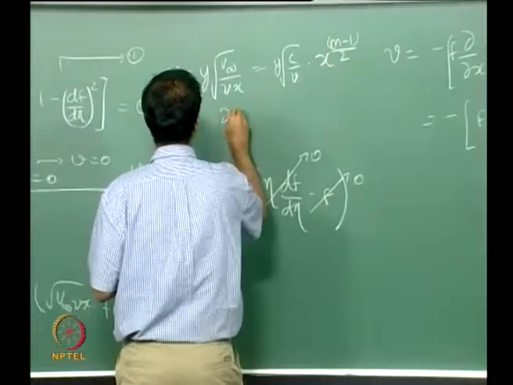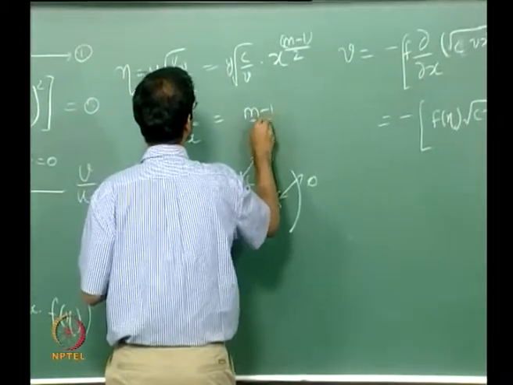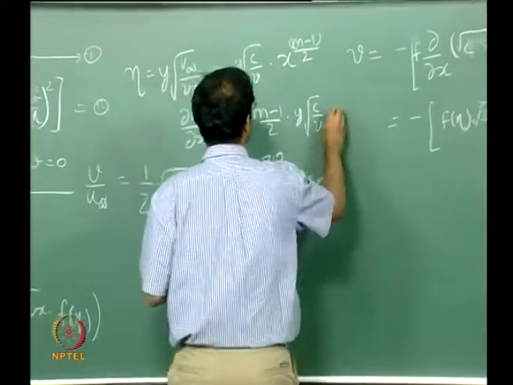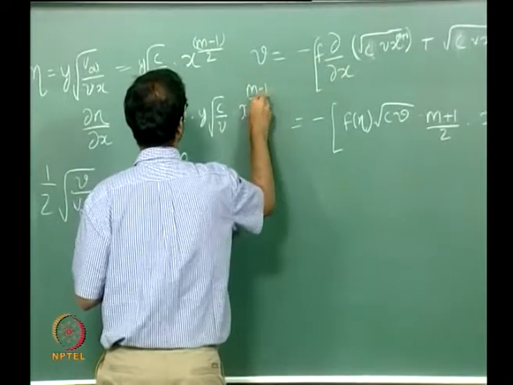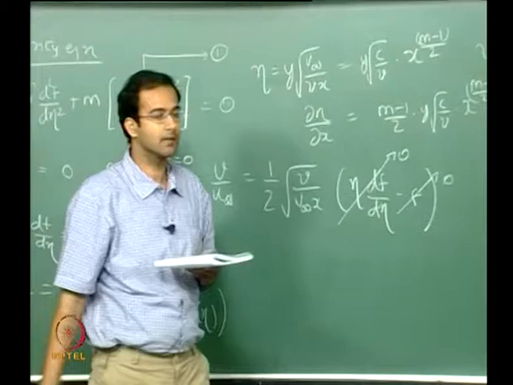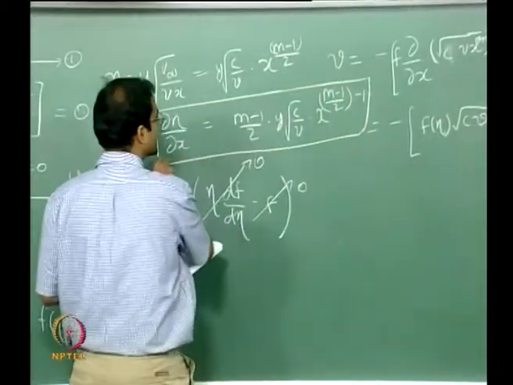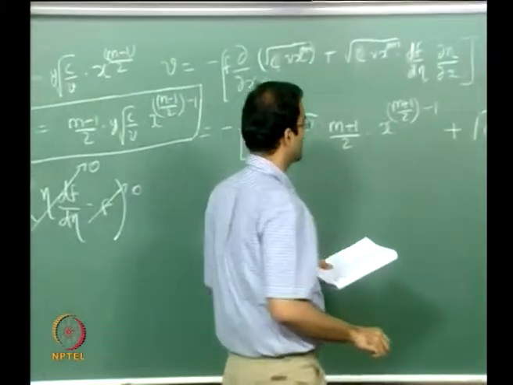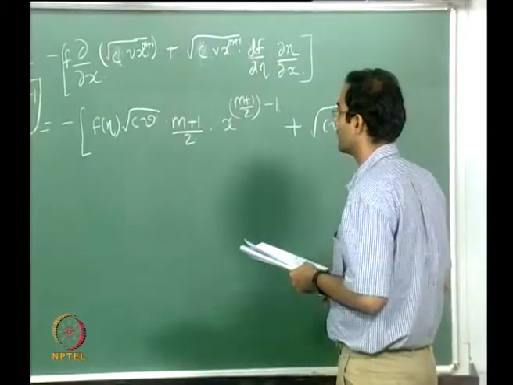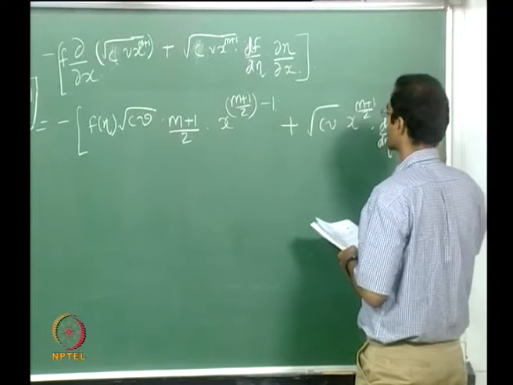So when I say d eta by dx, this will be m minus 1 by 2 into y square root of c by nu into x power m minus 1 by 2 minus 1, okay. So this is what I get for d eta by dx, which I can substitute here. In the next step I am going to substitute and simplify.